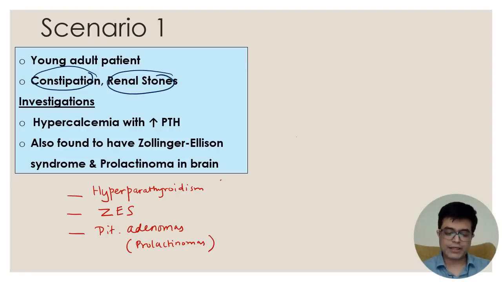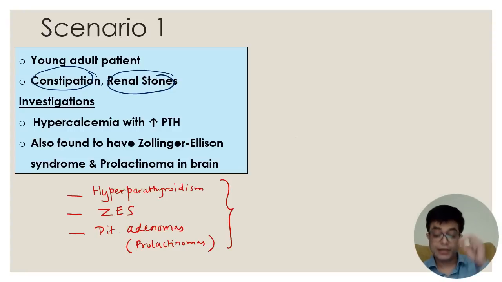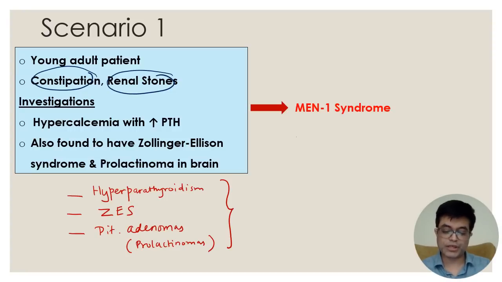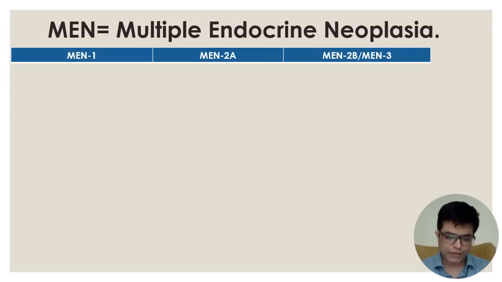So if you have a young adult patient presenting with parathyroid involvement, an endocrine tumor and a benign prolactin secreting brain tumor, the likely diagnosis is MEN1 syndrome. As a case scenario, this question has not been asked in FMG, but a similar question has been asked in old NEET PG exams, so I'm putting a big Q. You can get a similar case scenario in your exams as well. So remember the keywords.